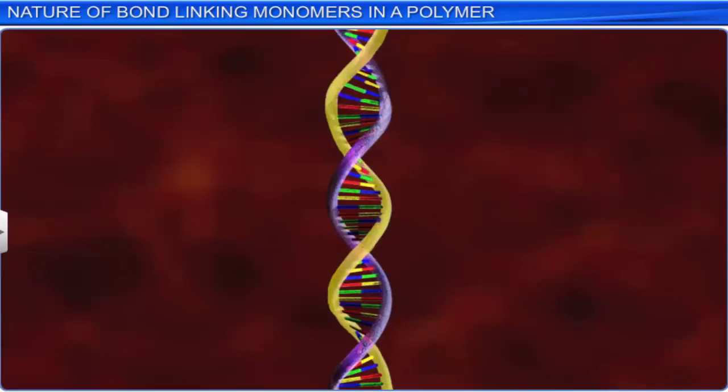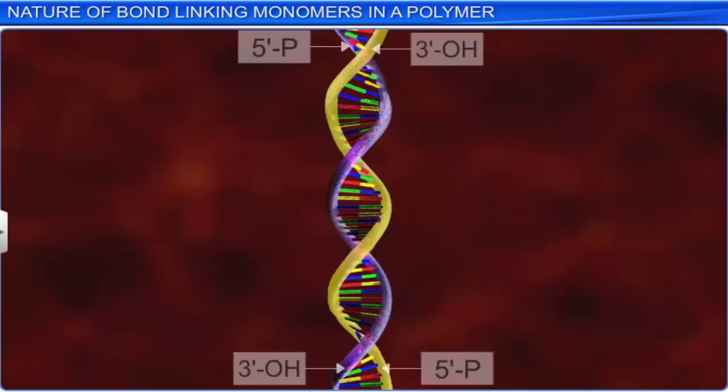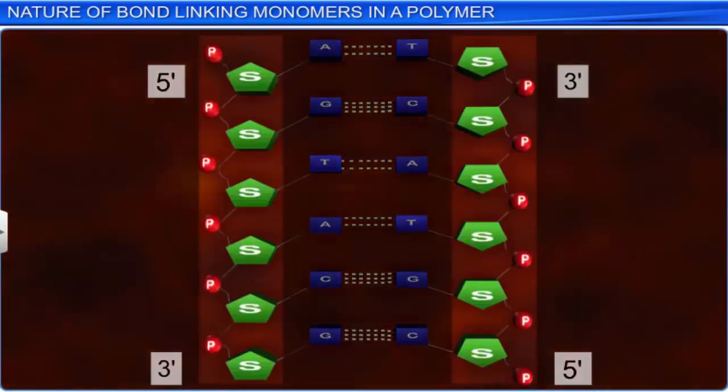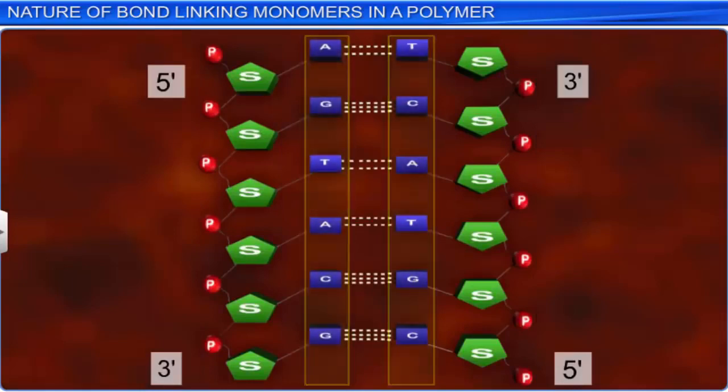In other words, they are antiparallel. That is, one strand runs in 3' to 5' and the other strand runs in 5' to 3' directions. The backbone of DNA is formed by a sugar-phosphate-sugar chain. The nitrogen bases face inside and are almost perpendicular to the backbone.